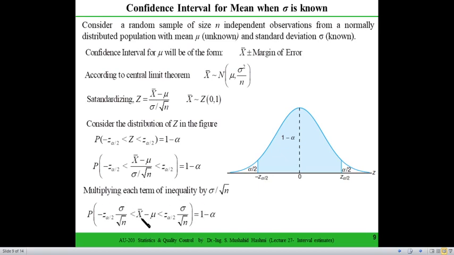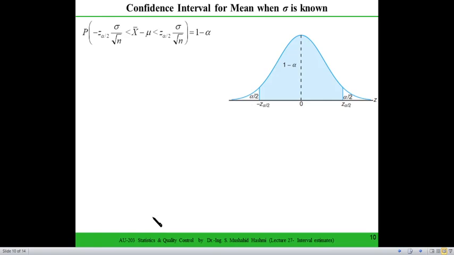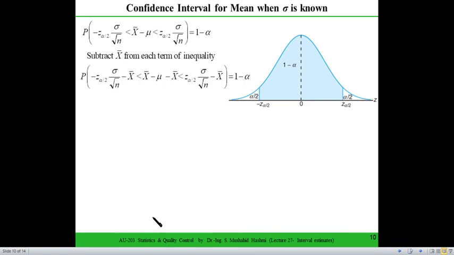Here it is the sample mean, and how it differs from the true mean. For the simplification, subtract x bar from each term of the inequality. So it cancels out, and you get negative x bar here and here.